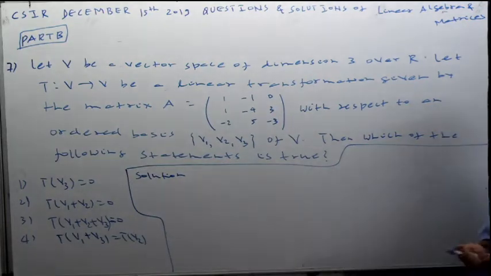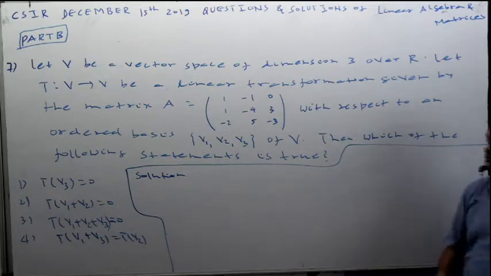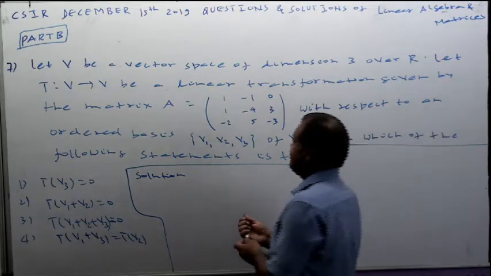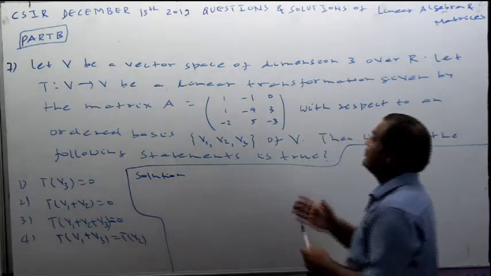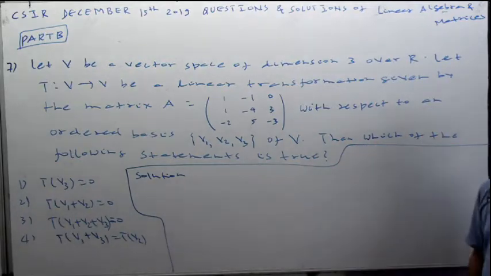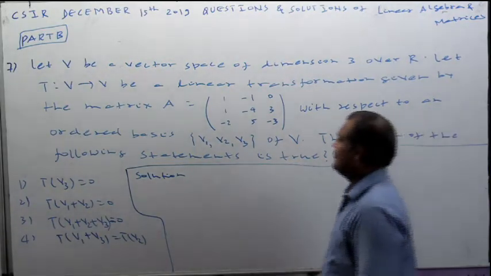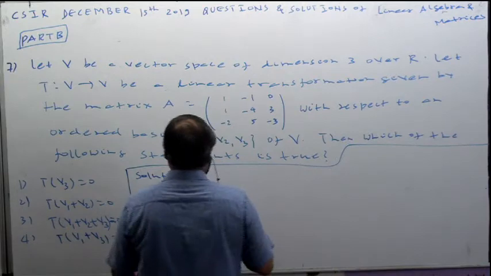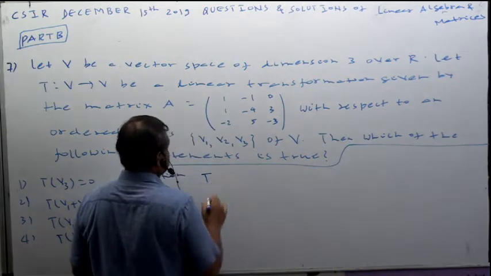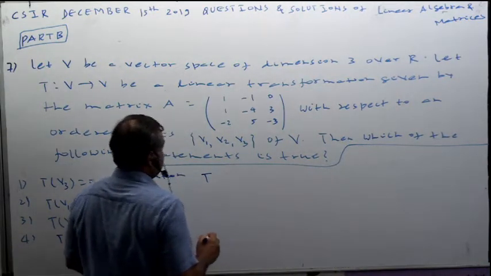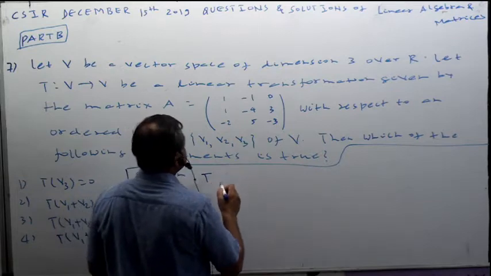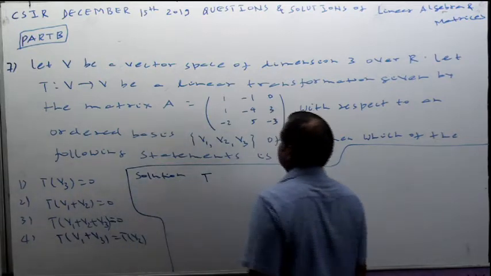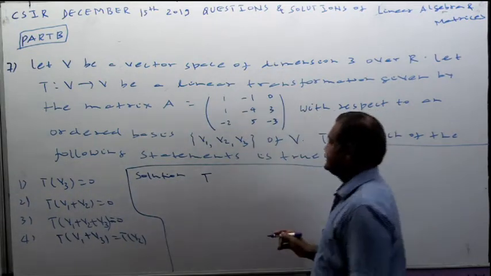I hope you are safe up to this position. Now this is the matrix of the linear transformation. T of V1, V2, V3 with respect to the ordered basis is given as this.